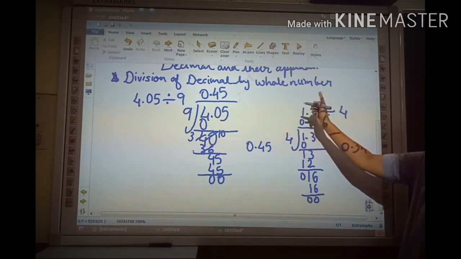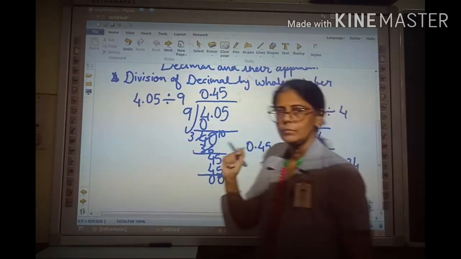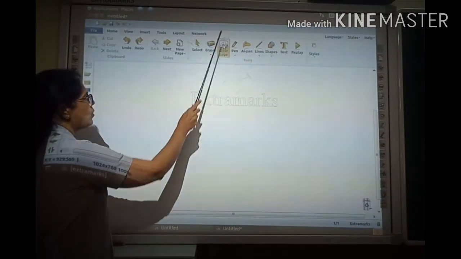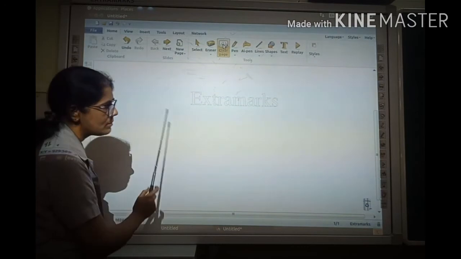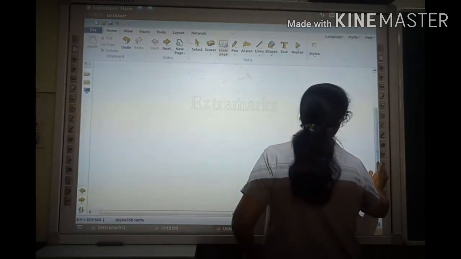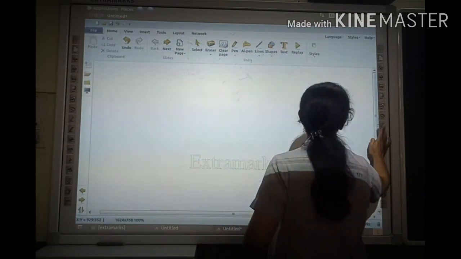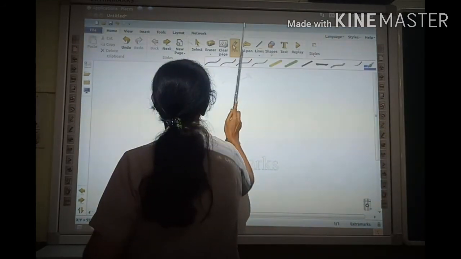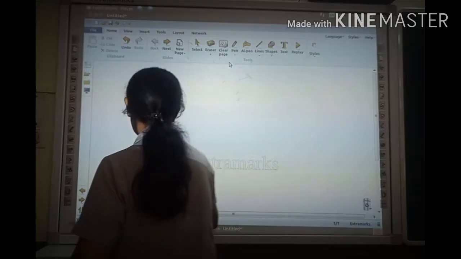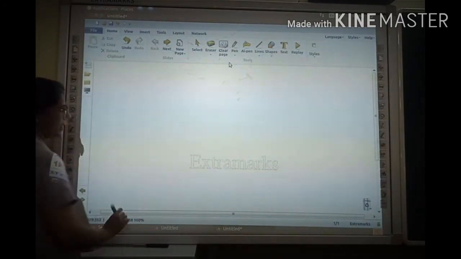Which number? Whole number. Now we will go to our next topic, division with the remainder.